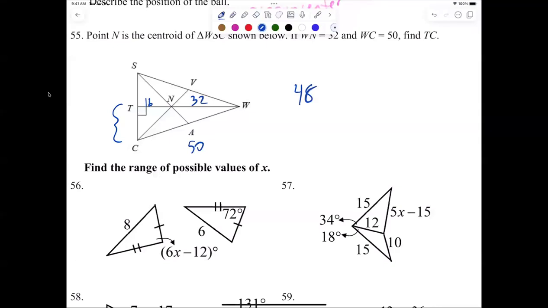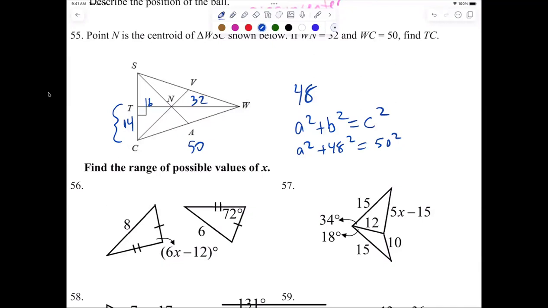So if I wanted to find the other leg of a right triangle, I can do what? A squared plus B squared equals C squared. So A squared plus 48 squared equals 50 squared.